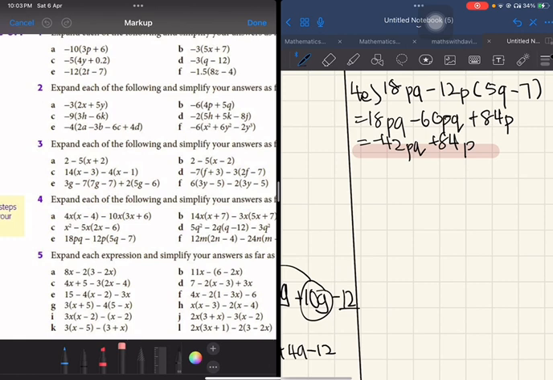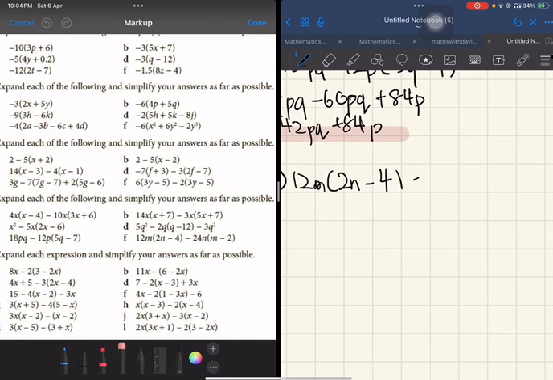Okay, now for the final question for question 4. Question 4F, 12m times 2n subtracted by 4, and 24m, okay.